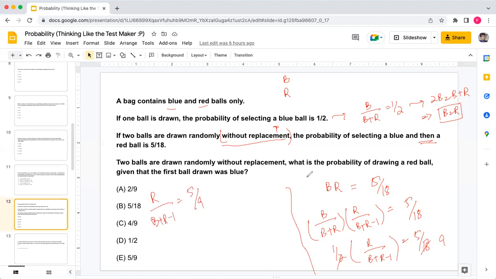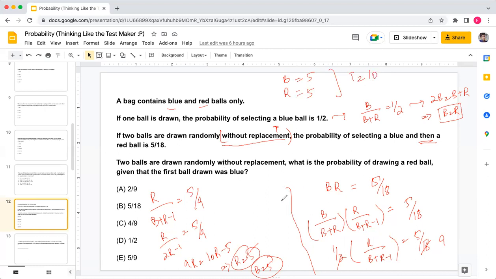Since the numbers of blue and red balls are equal, R over 2R minus 1 is equal to 5/9. Proceeding further, 9R is equal to 10R minus 5, which means R is equal to 5. If R is 5, B is also 5. So till now we are sure that blue is 5 and red is 5, and in total we have 10 balls.